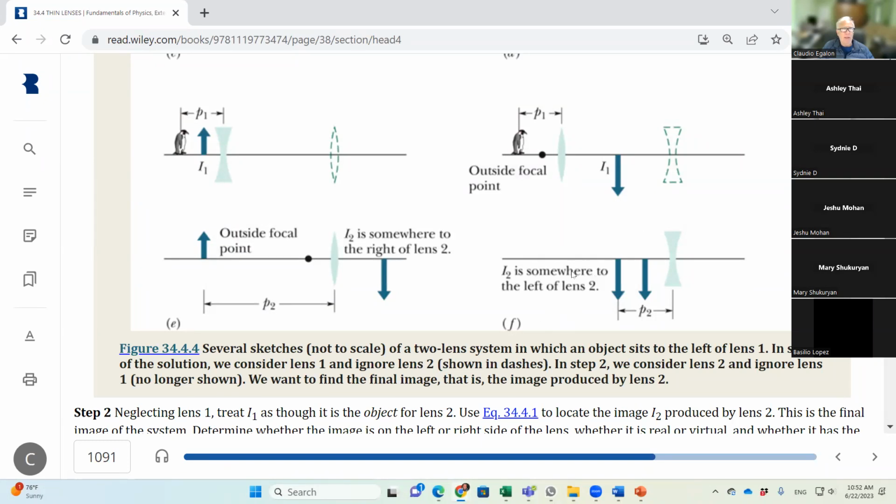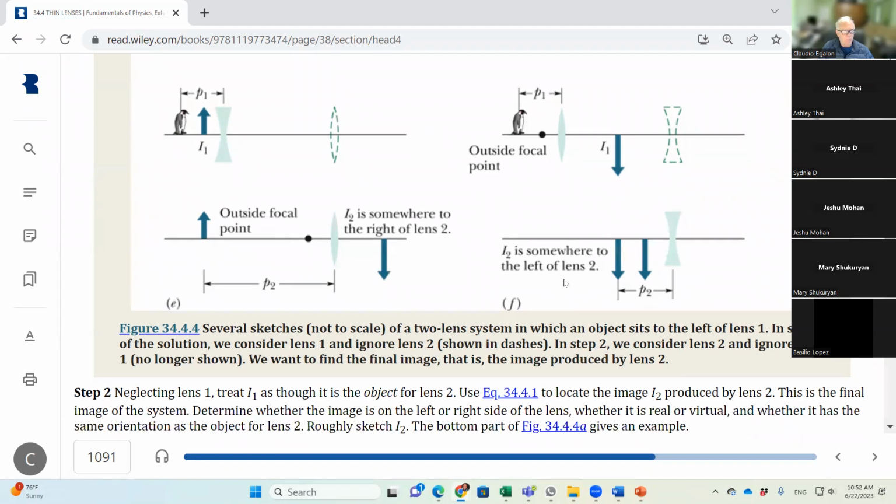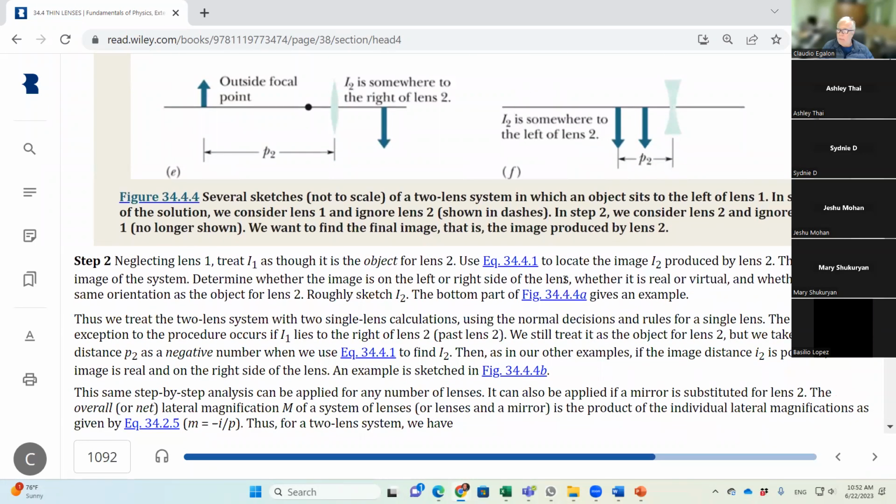Okay, those are not in scale, right? Those are the different types of image that we can get.